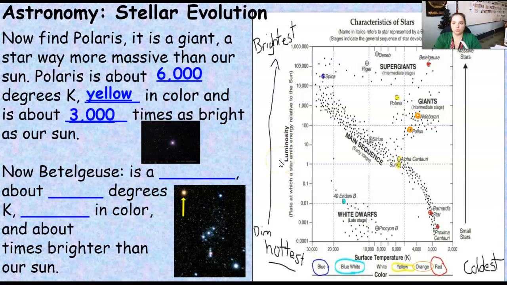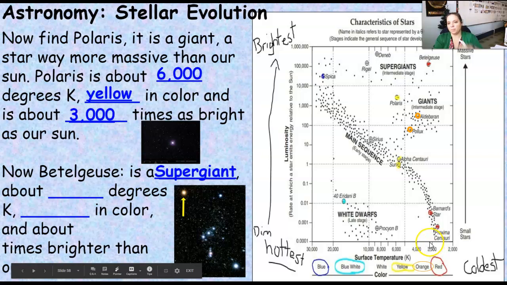Now let's look at Betelgeuse. Betelgeuse is a what? So Betelgeuse is up here. It is a supergiant, and it is about temperature-wise, maybe 3,200, 3,300, 3,500 at the max degrees Kelvin. And what color? Well, I'm going to say that's red or orange, orange-red.